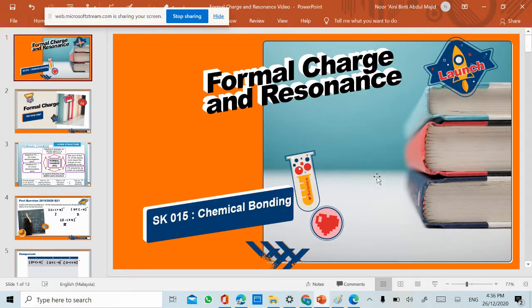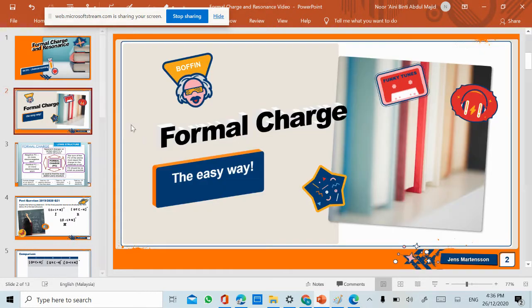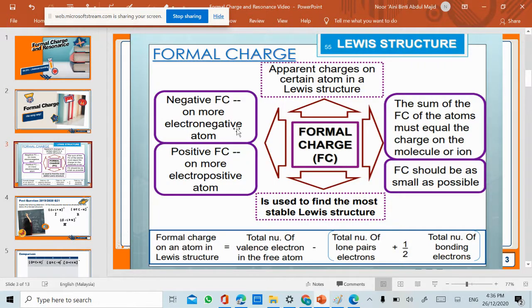Okay, now let's have a look at the definition first, of formal charge. What is the definition of formal charge? It is actually the charge of an individual atom, which makes up the total charge of the substance. If you look at the definition in your notes, it says apparent charges on a certain atom in a Lewis structure. Normally, what is it used for?